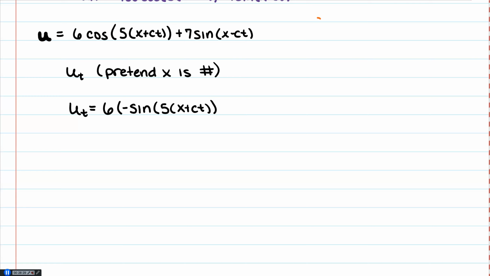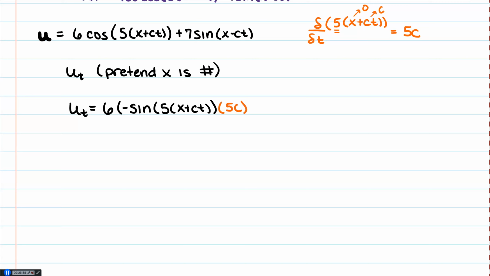Now, we're doing the derivative with respect to t of 5 times (x plus ct). So, with respect to t, the derivative of x is 0, and the derivative of c times t is c. And we still have this 5 out here, so this makes 5c, and that's what I'm going to times by.